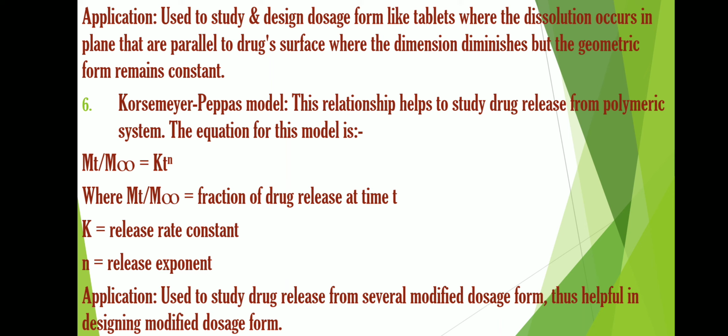It is not just for the polymeric matrix only, it can be any dosage form like nanoparticles or any type of dosage form which uses polymers to modify its release. If polymer is being used, then we can use the Korsmeyer-Peppas model to study its release. So it is useful for designing modified dosage forms.